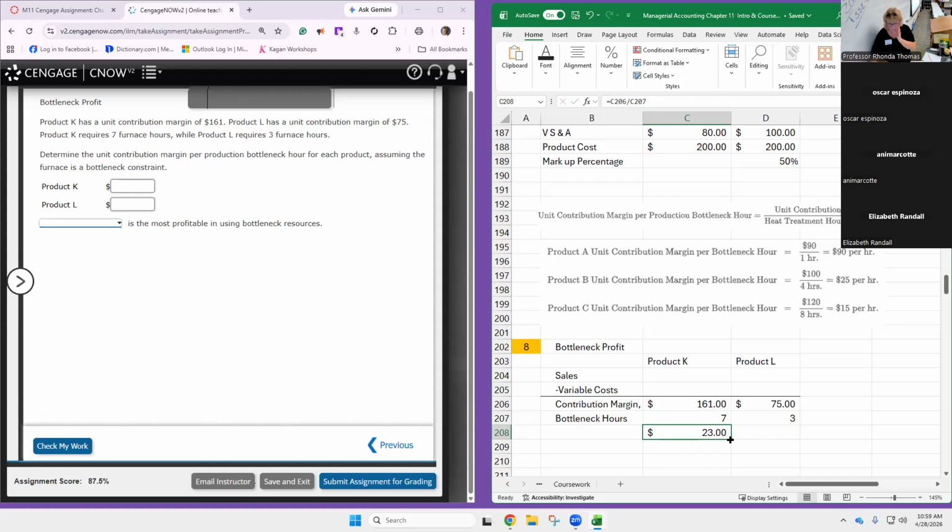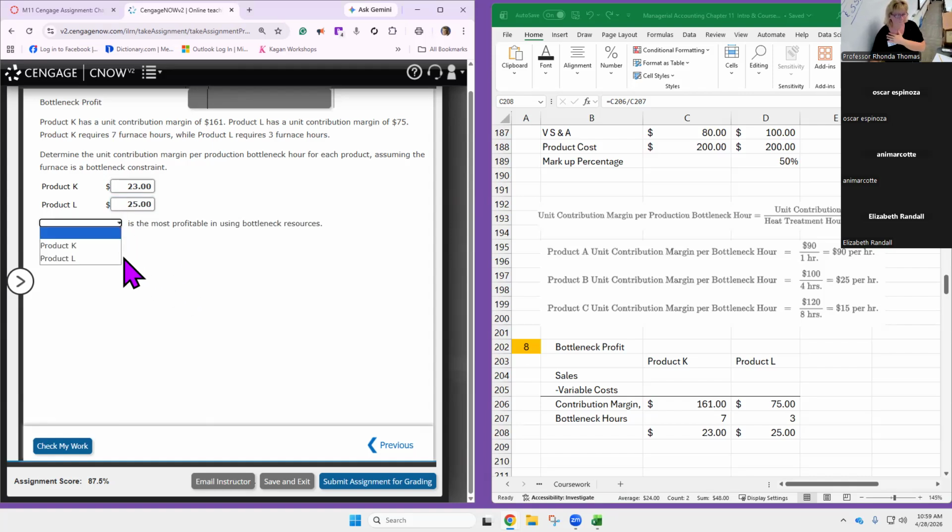We're going to use that same formula. So contribution margin divided by 3. Let's put those numbers in. Now remember, contribution margin is positive. It's a revenue, right? It's a continuation of revenue. All right. So if we're bringing in $23 of contribution margin for K, but $25 for L, which one's more profitable?